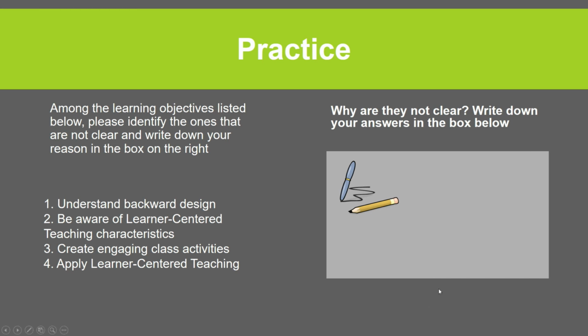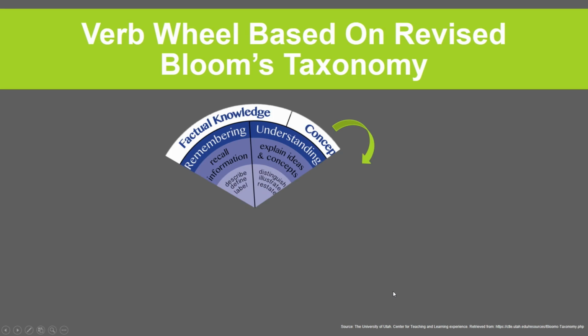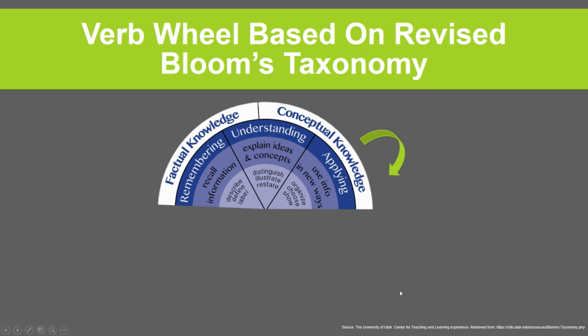But we would change 1 and 2 to be more specific, using verbs that come from the verb wheel based upon the revised Bloom's taxonomy. So this slide shows that for remembering, you can pull from the specific words there in the center of this diagram.